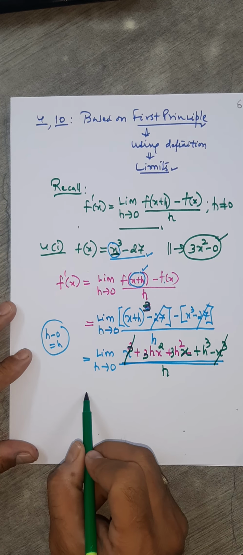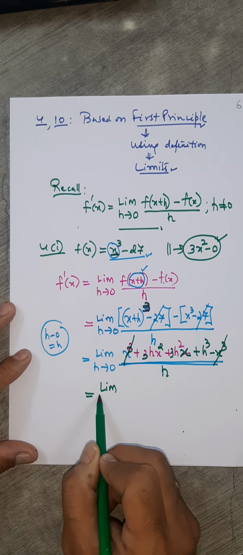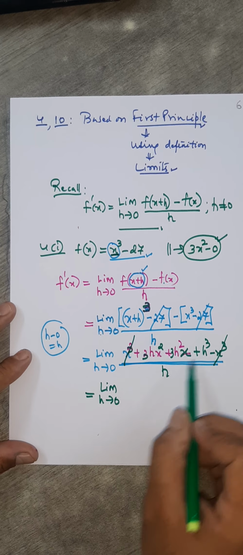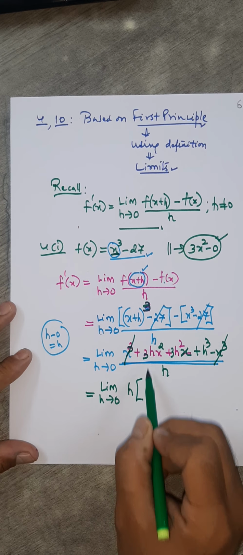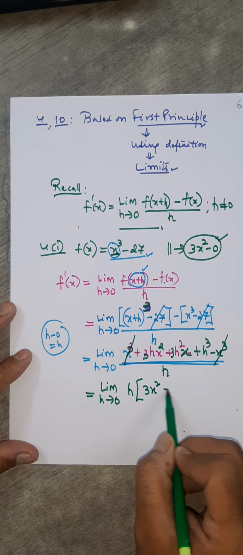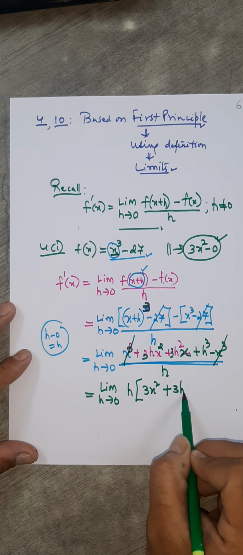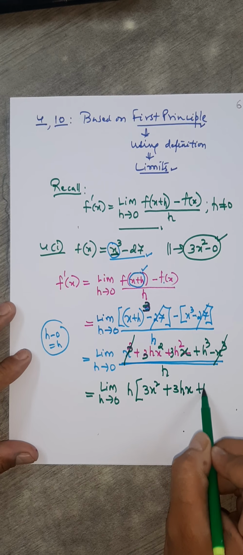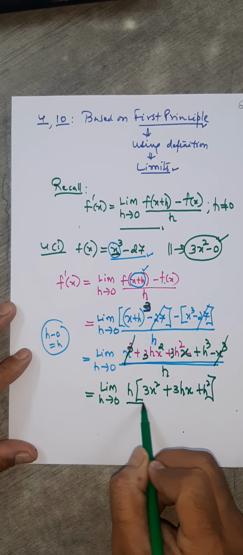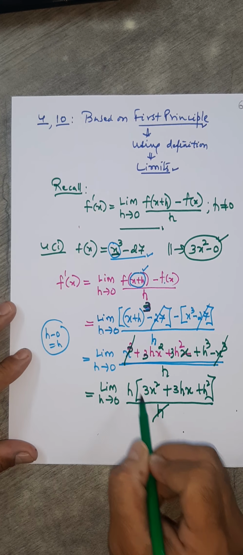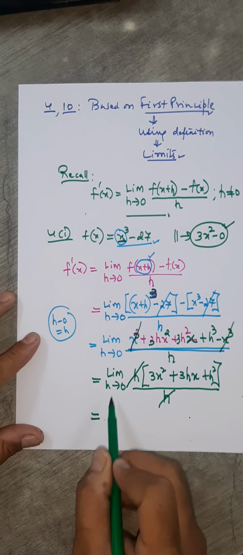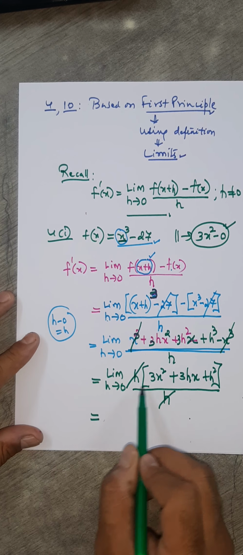X cube will get cancelled. You can see that from the remaining terms, h is common. So here 3x squared, 3hx and h squared upon h. This will get cancelled. Now we can apply the limit.